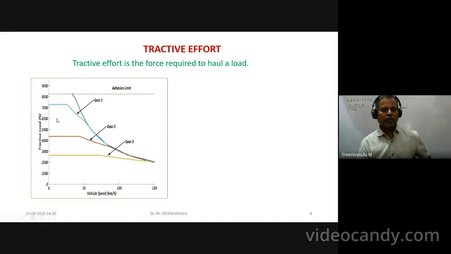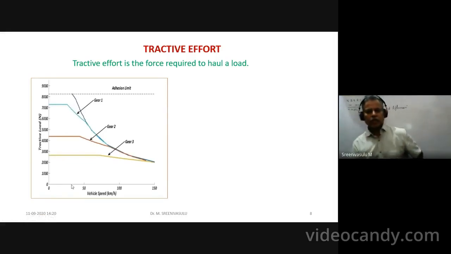Gear 2, though they have tried to extend this up to 0, please don't assume that. You can assume it up to nearer to this zone. So gear 1 needs to be applied in the beginning. Then after attaining certain speed, if you look at this, the speed is nearing 35 kmph.